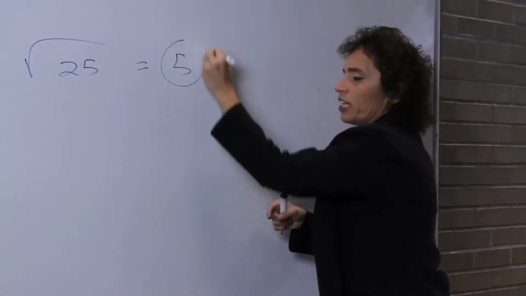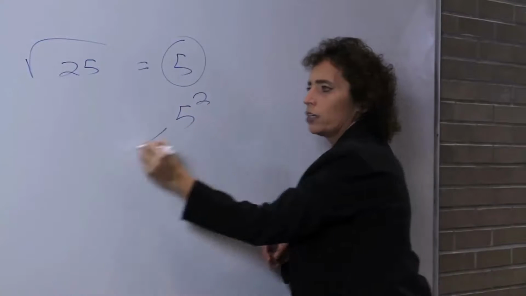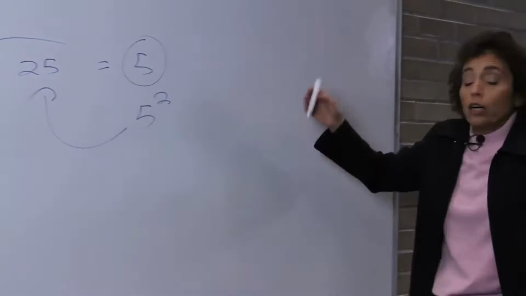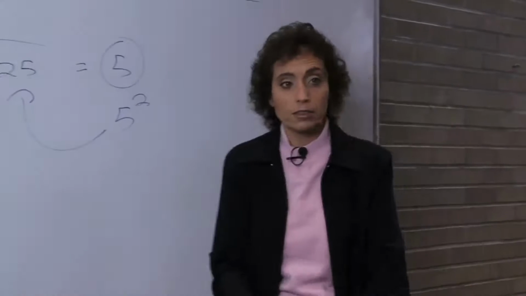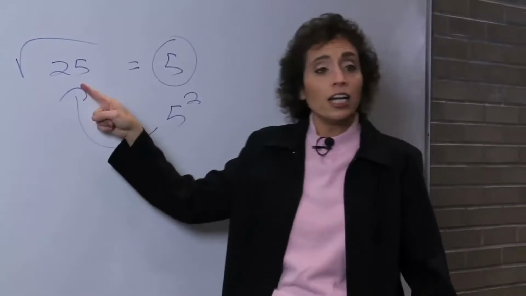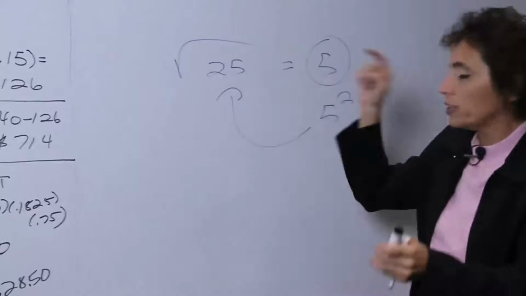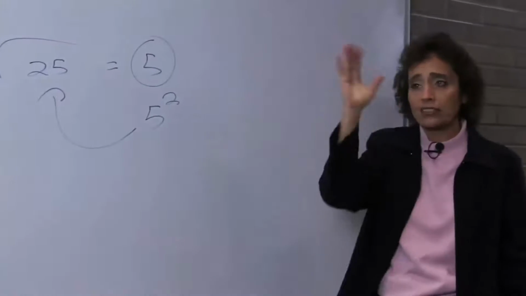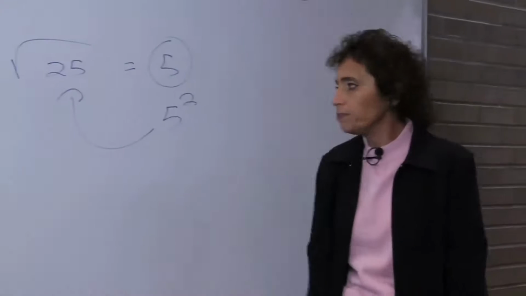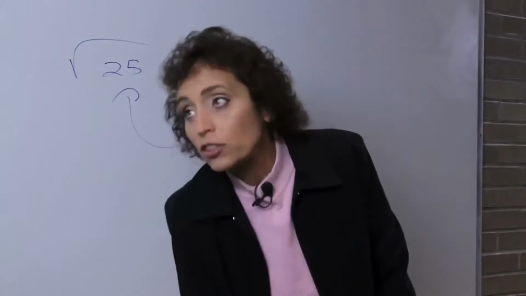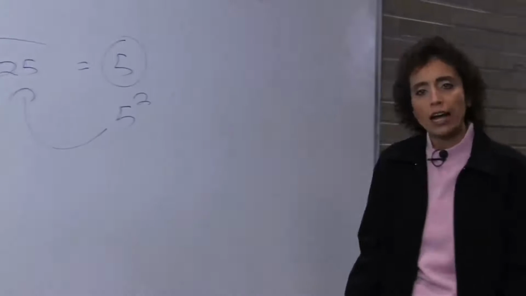So the reason that this is the answer is because 5 squared is 25. Wow. I just want to say, to take the square root, just think, what times itself is that number inside? Simple. Really simple, but that's how you can write it in algebra. Okay? What times itself is 25? It's one of 2 equal factors.